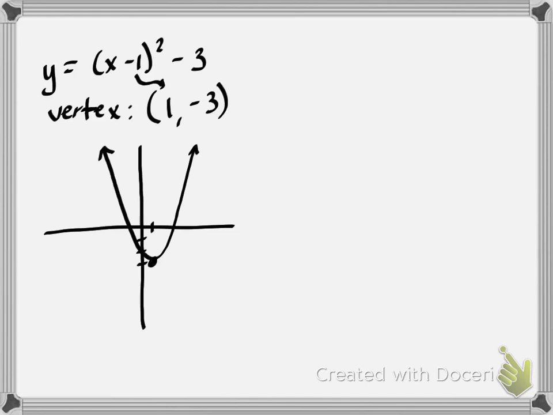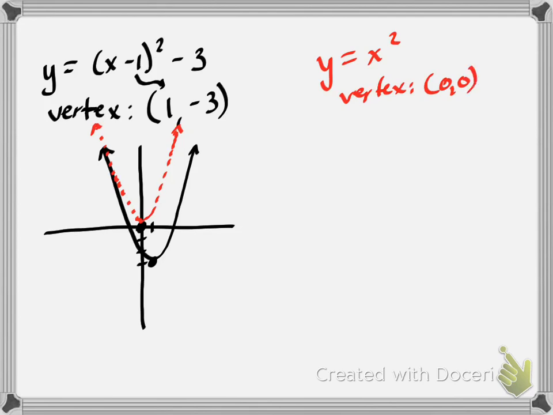Well, let's talk about what shifting took place here. Remember that we're basically starting at 0, 0. This red parabola that I have here is a parabola that we base everything off of. It's with no numbers. That red one is y equals x squared. The vertex is at 0, 0.